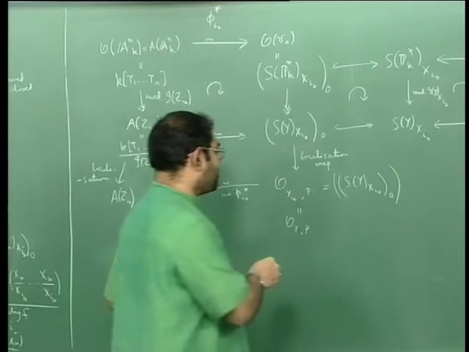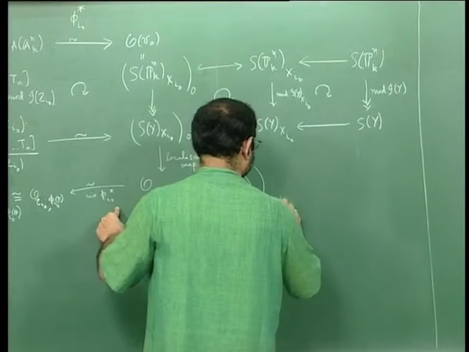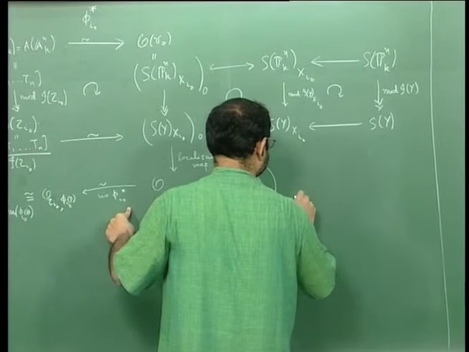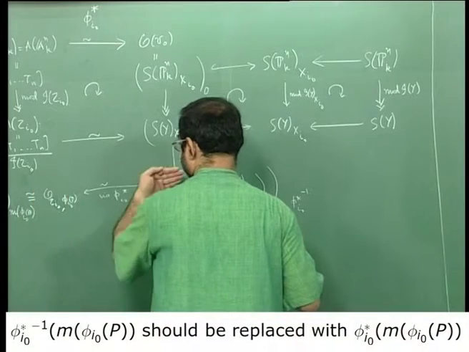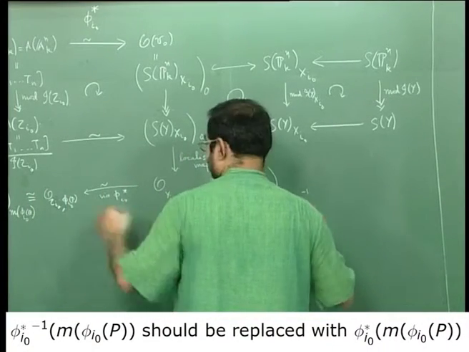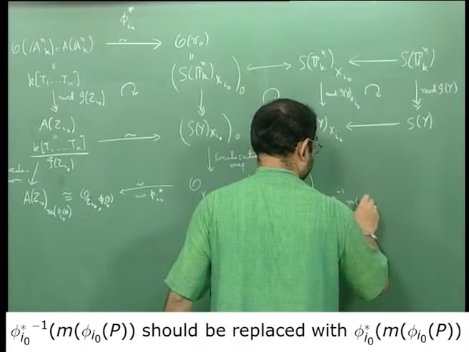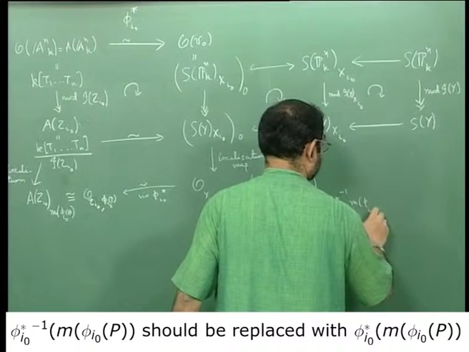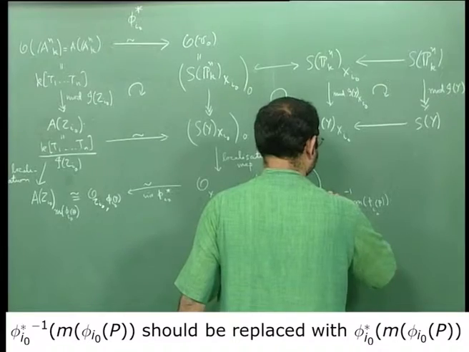Okay, so it's going to be localized at φ_{i0}^* inverse, so there's going to be a map like this, and that's going to pull back this maximal ideal φ_{i0} p.